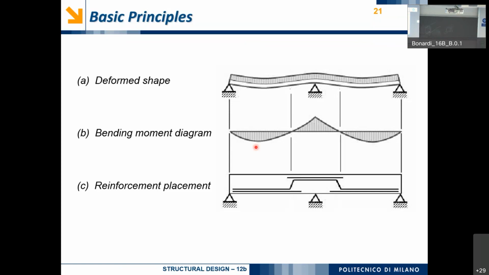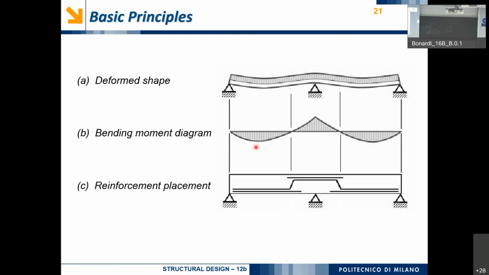What it means is that if we have bending moment on this side, we will have to put some reinforcement at the bottom of the beam. Similarly, in correspondence of the internal support, we have a bending moment drawn upward, so we will have to put our reinforcement in the top fibers of the element.